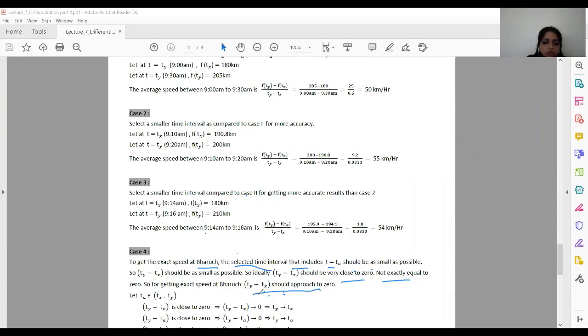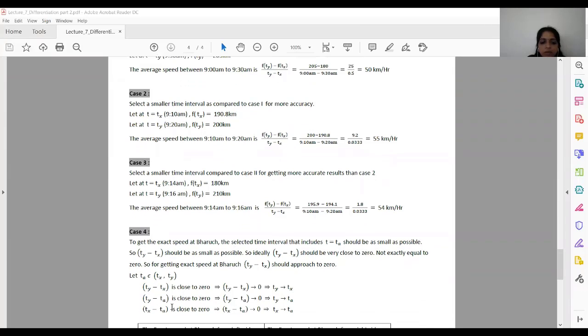Okay. So this Ty minus Tx is close to 0, Ty minus Ta is again close to 0, and Tx minus Ta is close to 0.